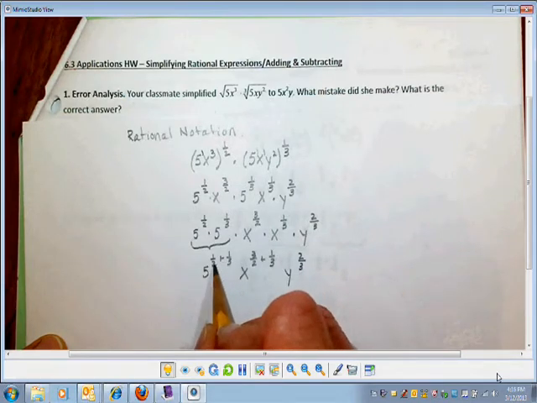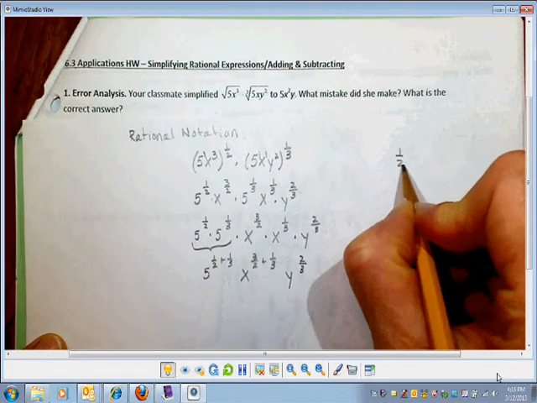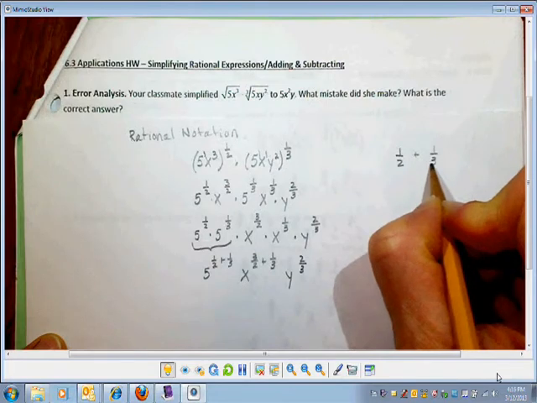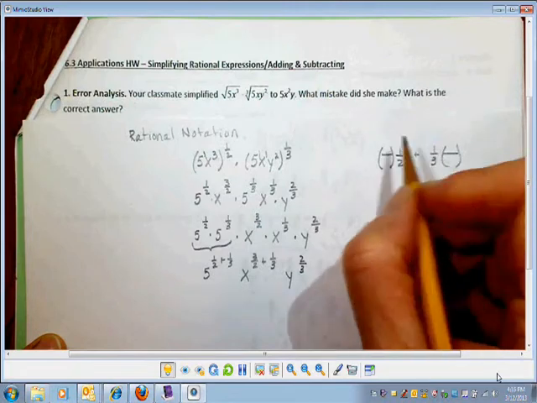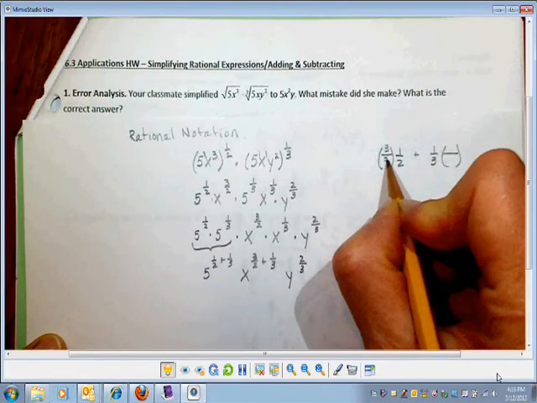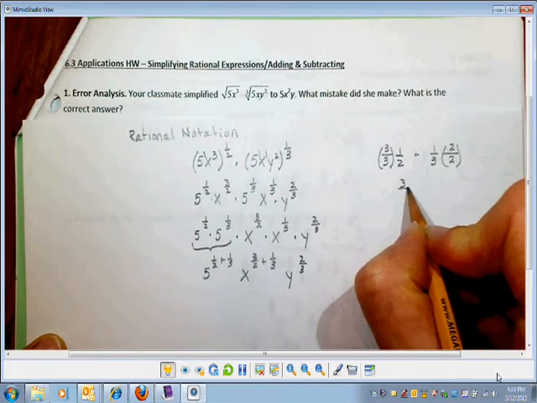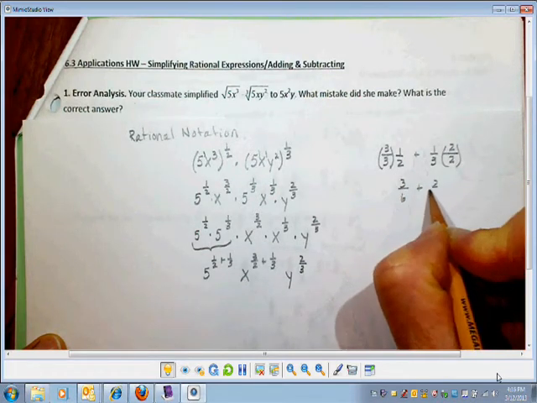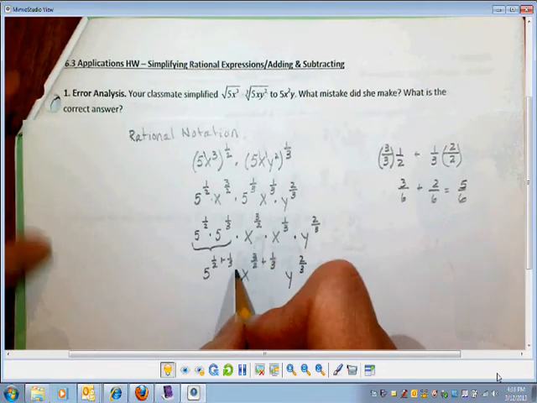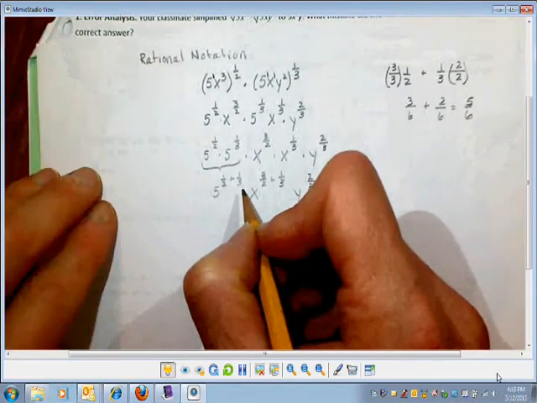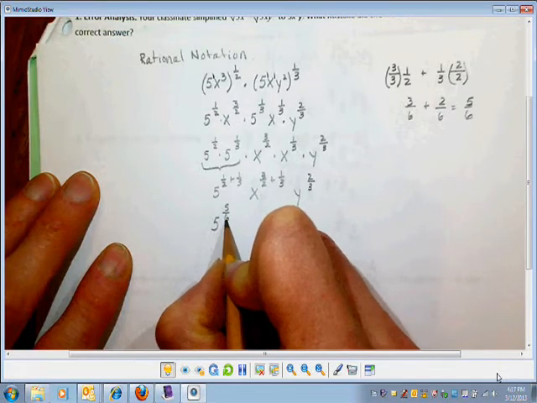So when I add my fractions together, just do a little bit of work over here, I have 1/2 plus 1/3. I need to get common denominators. My common denominator is 6. So this is going to be multiplied by 3 over 3, and this is going to be multiplied by 2 over 2. So I get 3/6 plus 2/6, which gives me 5/6. So that means this is going to be 5 to the 5/6 power.